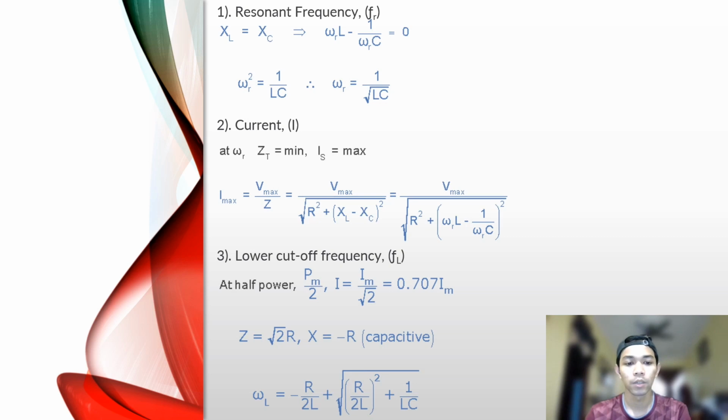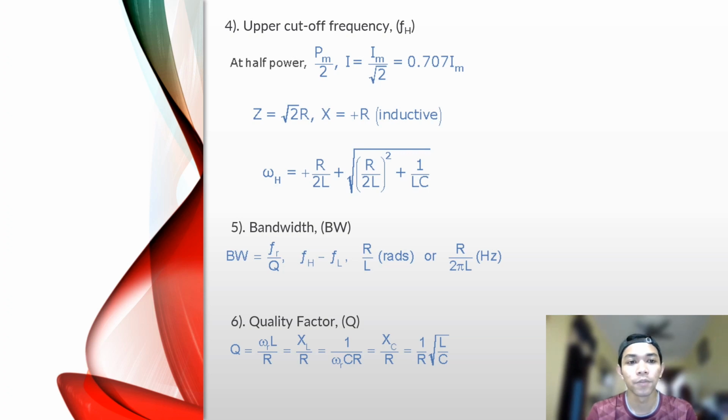Z equals square root 2 R, X equals negative R for capacitive. So omega L equals negative R over 2L plus square root of (R over 2L) squared plus 1 over LC.